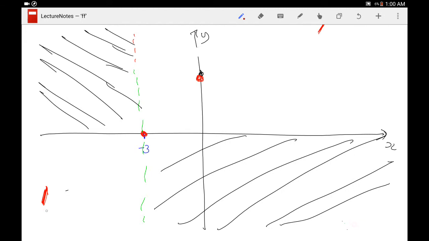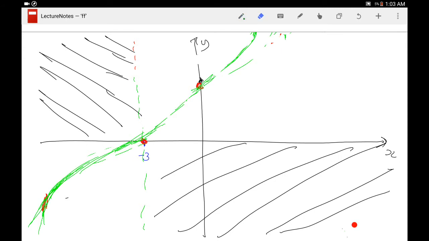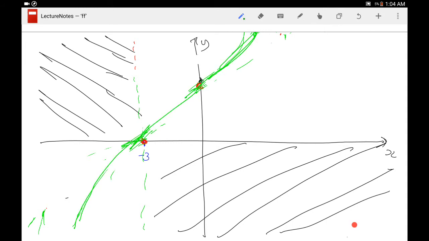So here the graph will come here, see this, and then the graph will have this shape.